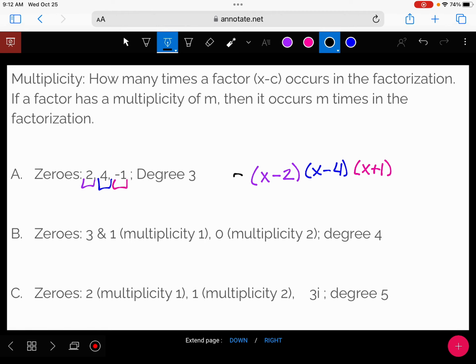No. So we are going to put A. We do not know what it is. So this would be any polynomial that has zeros of 2, 4, and -1. And this one has a degree of 3. We don't have to do anything extra with a degree. It's kind of going to be our double checker.